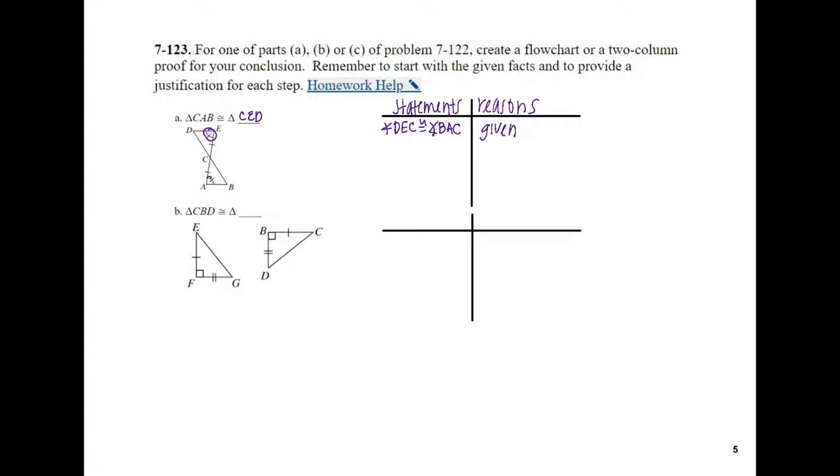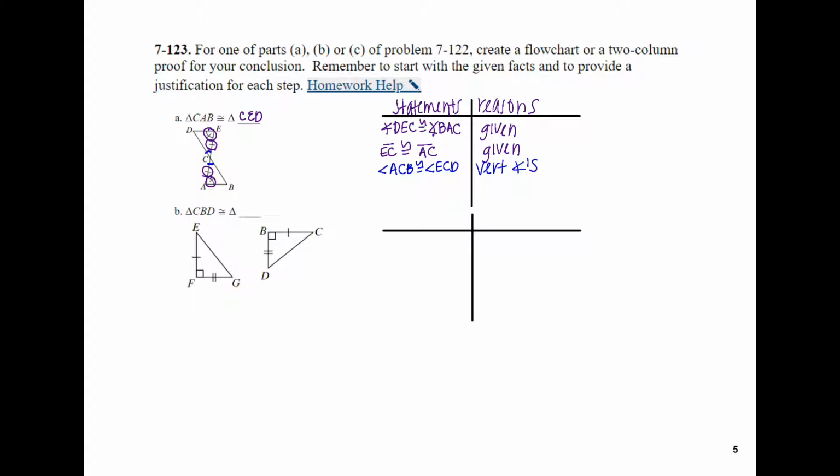So right here. We also know that line segment EC is congruent to line segment AC because that was also given to us. Then looking at our triangles, we know that angle ACB is congruent to angle ECD because they are vertical angles.